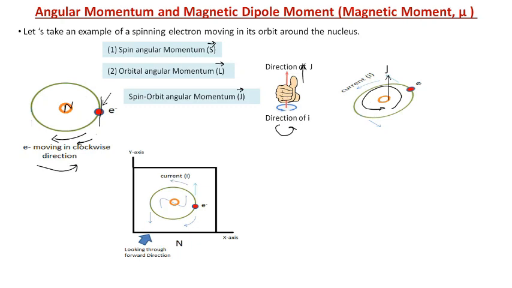In this picture, our electron is moving in this direction, that is clockwise direction, and our current is moving in the opposite direction, which is anti-clockwise direction, and our thumb suggests the direction of the total angular momentum J. Now, if we consider two distant points on this orbit, then at this point our current is moving in upward direction, and at this point our current is moving in downward direction.